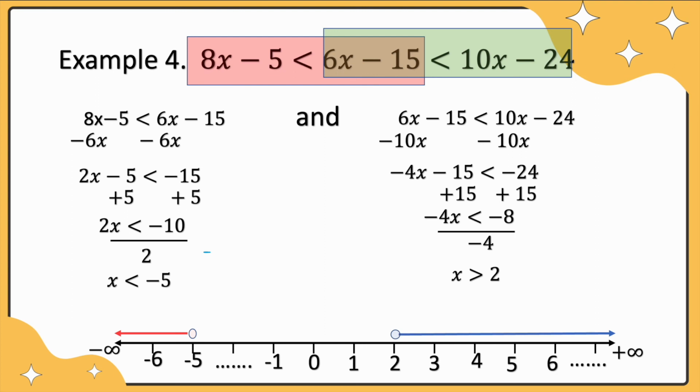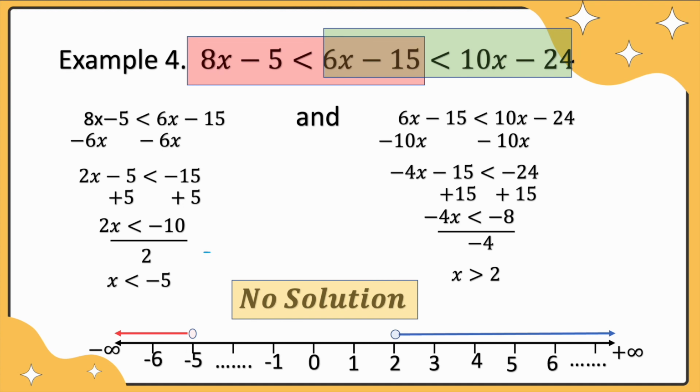But in this case, it does not overlap. So we have no solution to this inequality. So how this inequality is different from all the other inequalities is that there is no solution to this particular inequality.